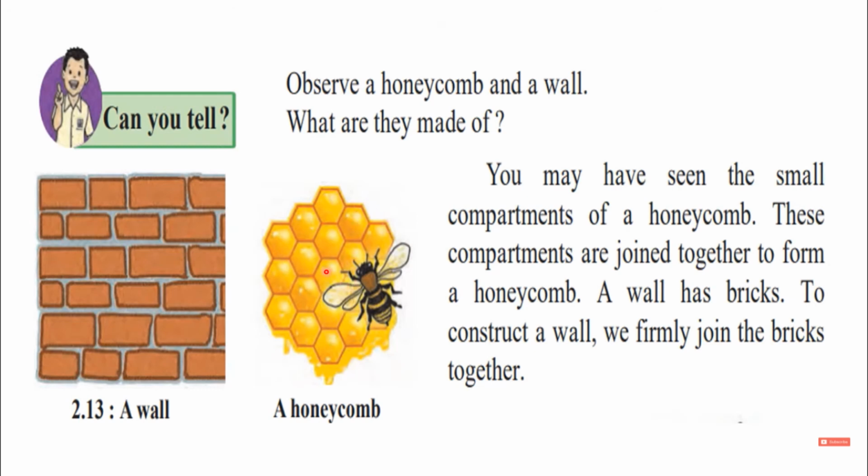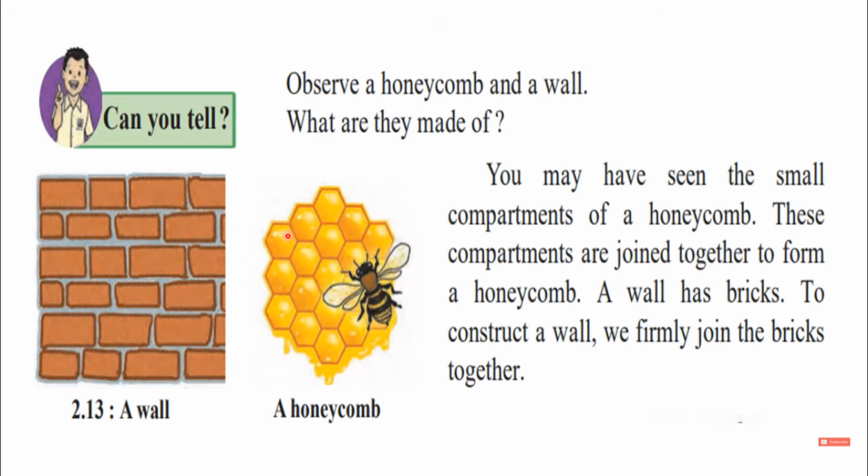body also, cells are present. And based on the cells, we say whether we are unicellular or multicellular living beings. Now see a wall, it has bricks. To construct a wall, we firmly join the bricks together and at the last a wall is formed. Same way in our body, we have n number of cells.